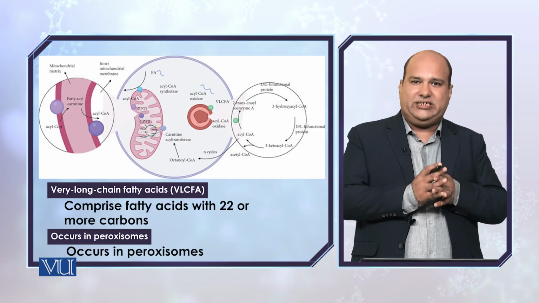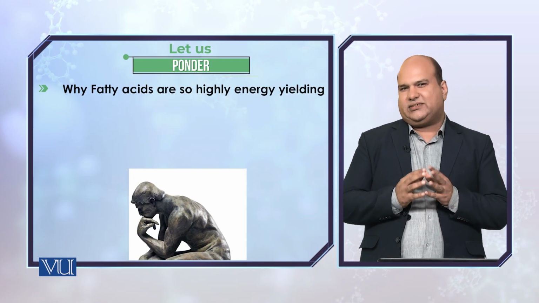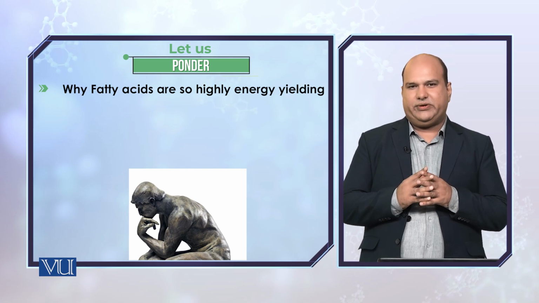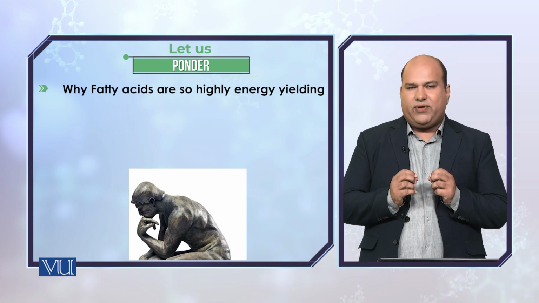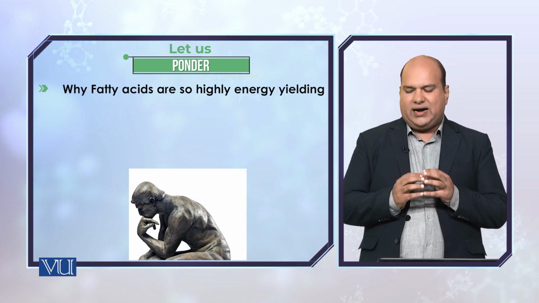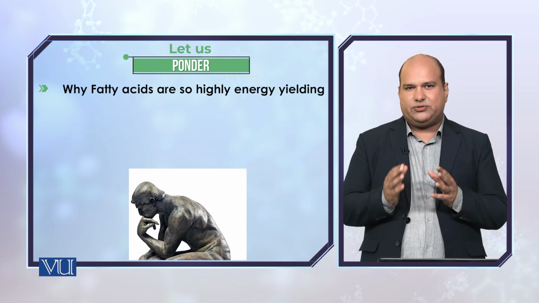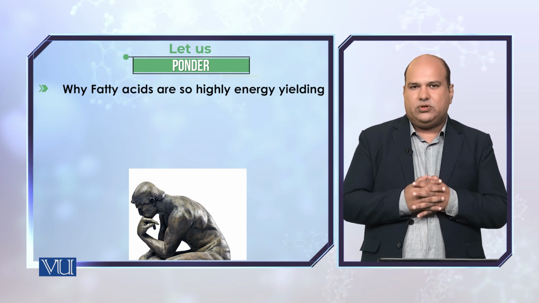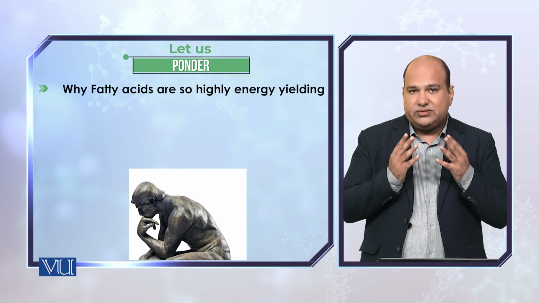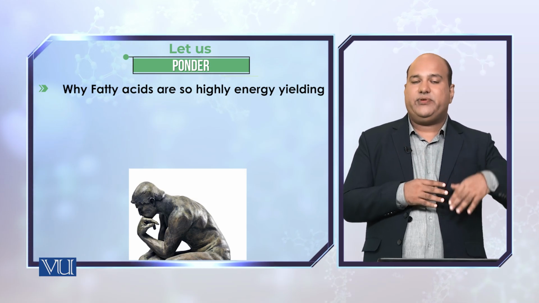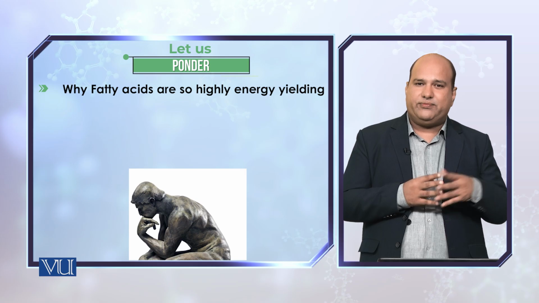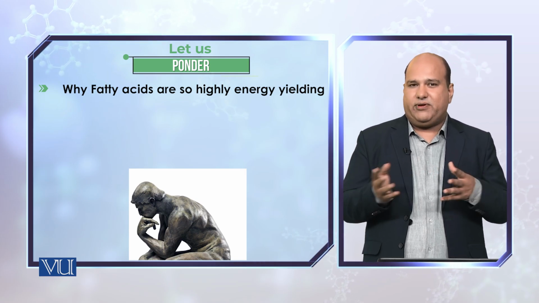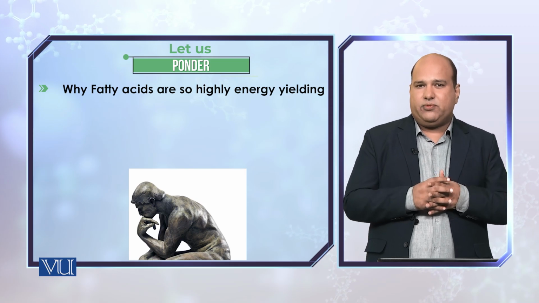There they will be further oxidized by the traditional way of beta oxidation. So now we ask certain questions as we have finished a very important part of lipid metabolism. Why are fatty acids so highly energy yielding? We have shown you that if you are dealing with a 16 carbon fatty acid compound, it will give you 129 molecules of ATP, which is way more than what you get from the Krebs cycle or from glycolysis when we were dealing with the metabolism of glucose.